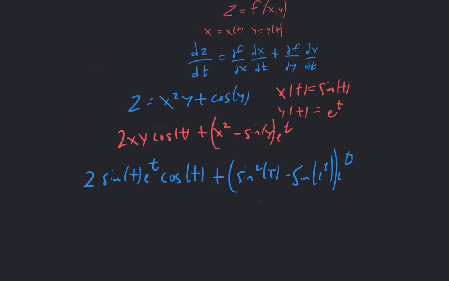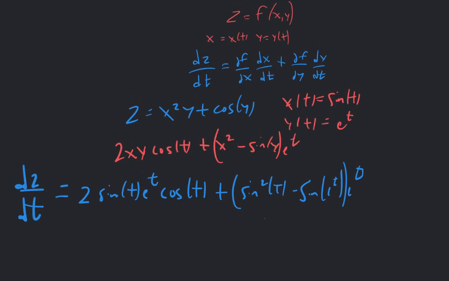And that is the entire derivative of dz by dt with the chain rule. So it makes it a little more complicated.